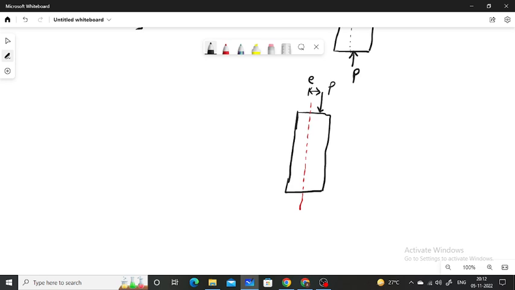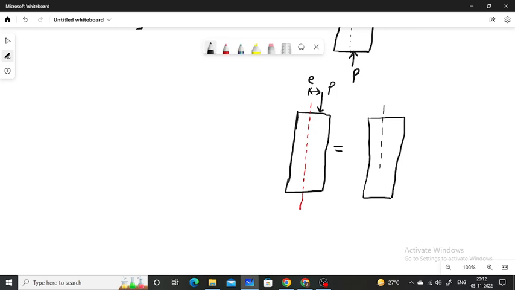Okay, due to this eccentric load, two stresses are induced in the column.